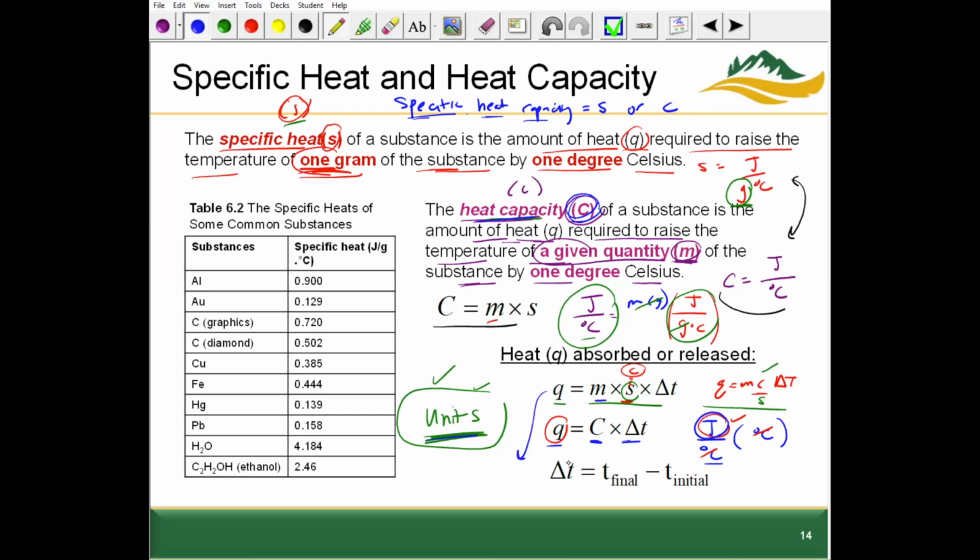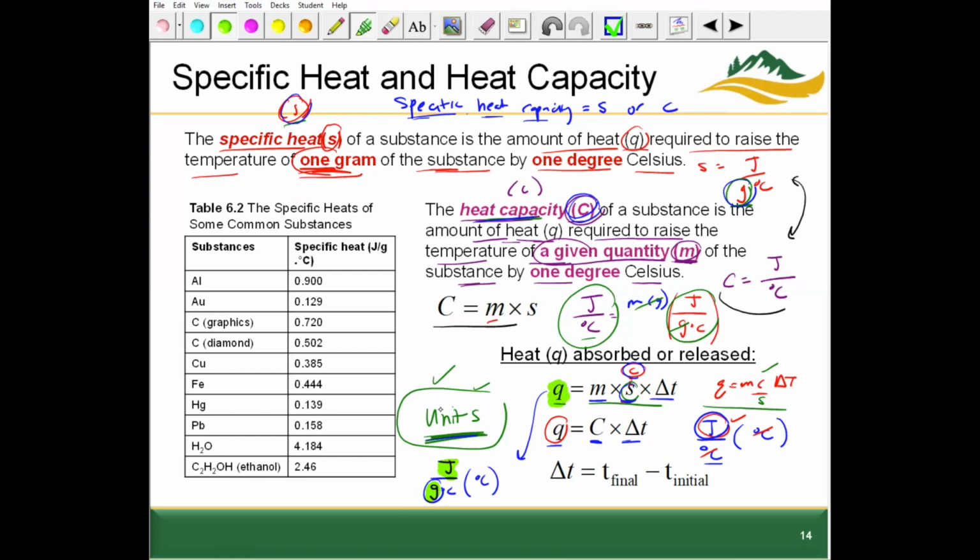This one, though, if we're given a lowercase s or lowercase c specific heat, that's going to have units of mass incorporated into it, right? So the lowercase s or lowercase c, that is joules per gram degrees Celsius. The delta T is also, let's say, in degrees C. We also need a mass term because we have to cancel out this gram unit to just get joules in the end, which is what we want for heat or energy.